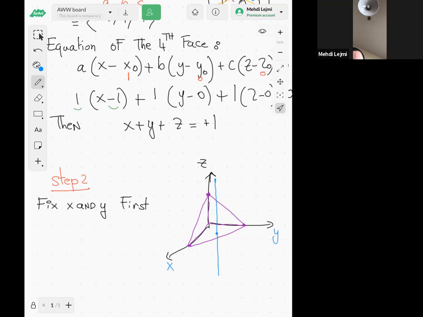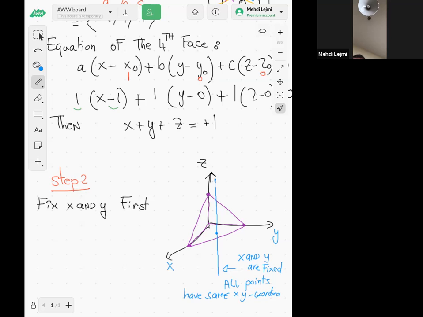So all the points which belong to this line have the same X and Y coordinate, right? So for this line, X and Y are fixed.